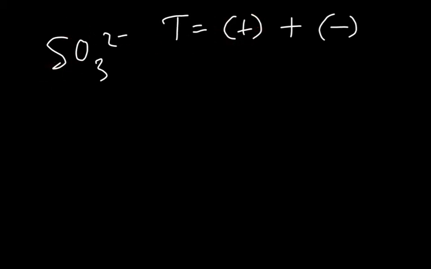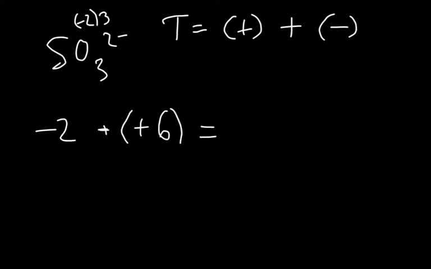So how we do this is, we know that oxygen individually is -2, okay? And so what we do is we take the oxidation state of the entire compound, and we subtract the oxidation state of all of the oxygen atoms. And that is how we find the oxidation state of sulfur. Okay?